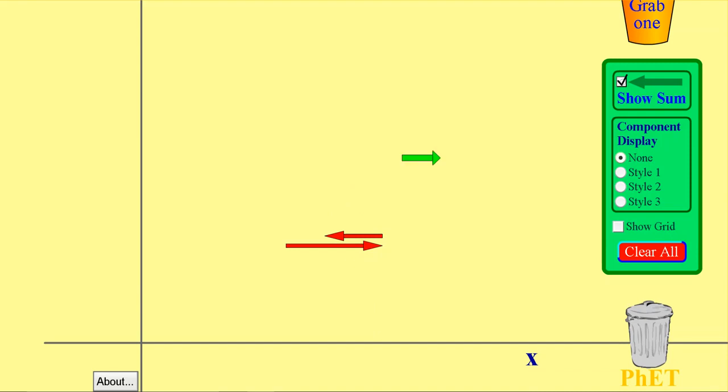Then if I go show sum, it gave me this green arrow over here, but one thing that people seem to have a hard time with is they're like, yeah, but that's not over here. But it could be written over there. One thing you have to start to figure out about vectors is you can move vectors around wherever you want. I can have this vector over here and that one over there. Oh, not move them though.